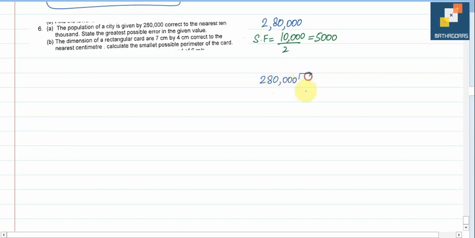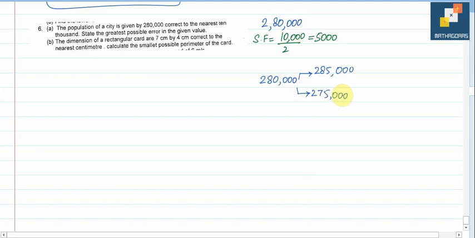For the upper bound and the lower bound, you need to add and subtract. So 280,000 plus 5,000 is 285,000, and 280,000 minus 5,000 is 275,000. We have the upper and lower bounds of the figure 280,000.